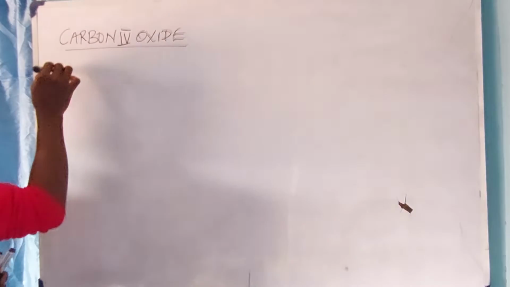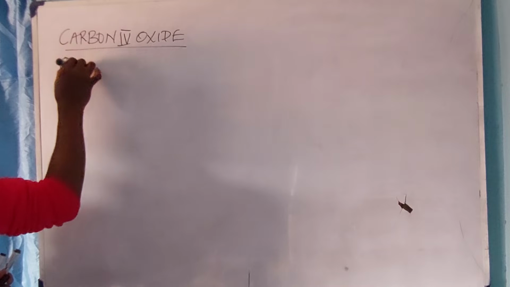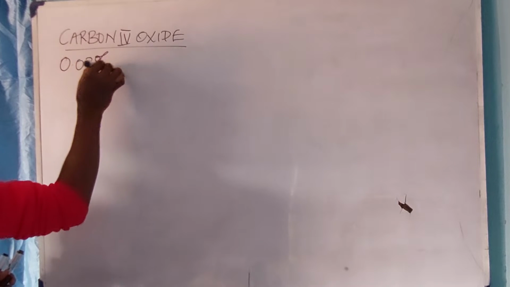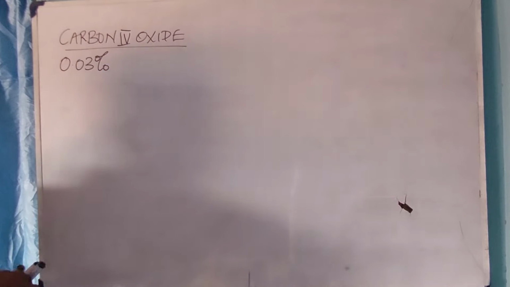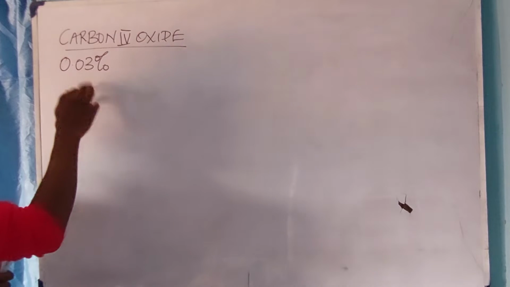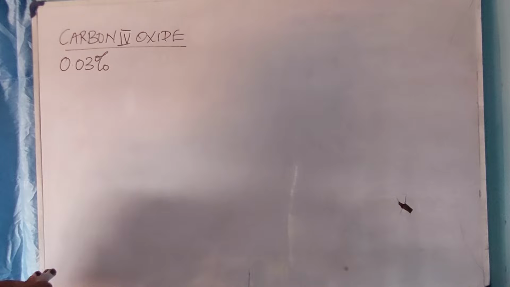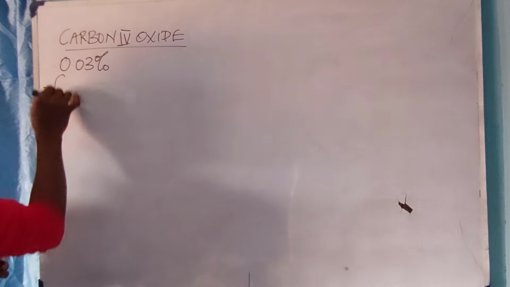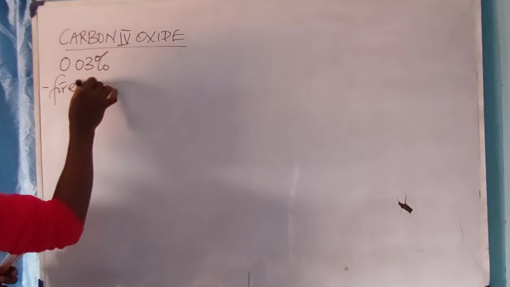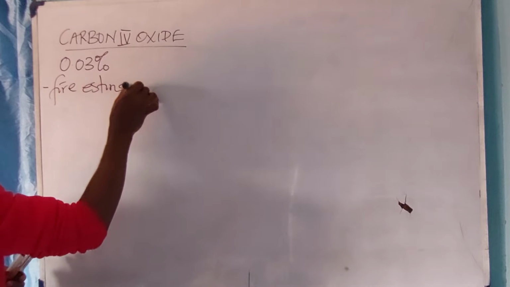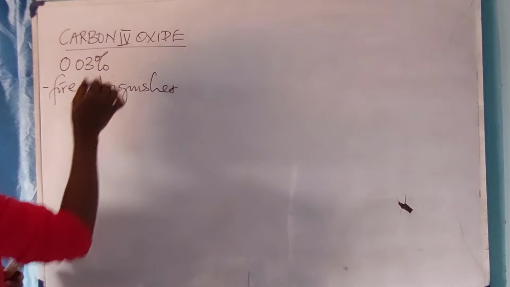Carbon 4 oxide is one of the constituents of air in the atmosphere, and it has 0.03% by volume in air. It is used as a fire extinguisher, because it does not support combustion.